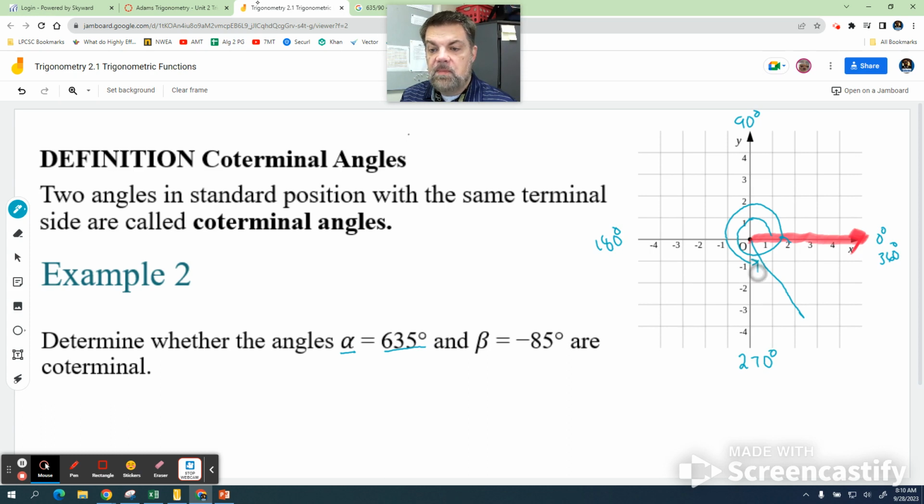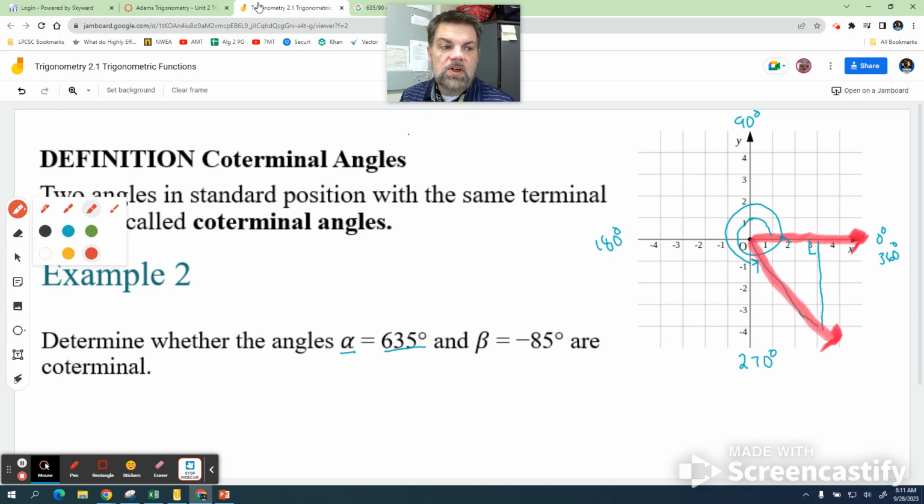So this is my measure for theta, right? But what I really want to know, because at some point we're going to have to form a right triangle, is the coterminal angle. It will give me the same exact opposite and hypotenuse situation as the angle itself.